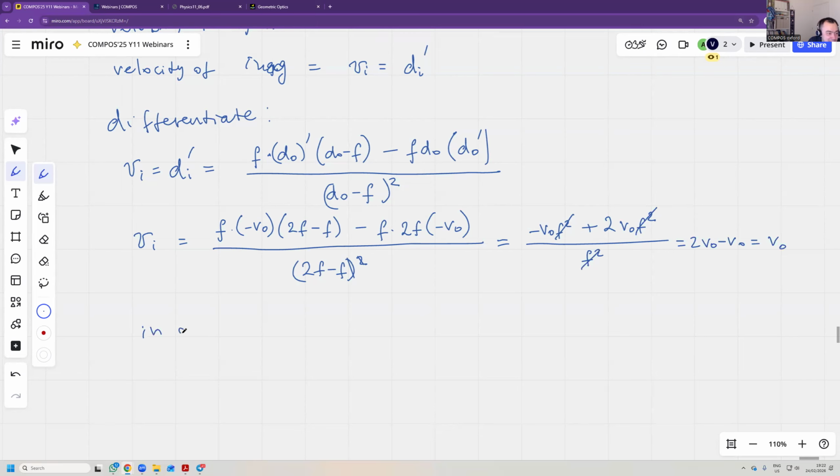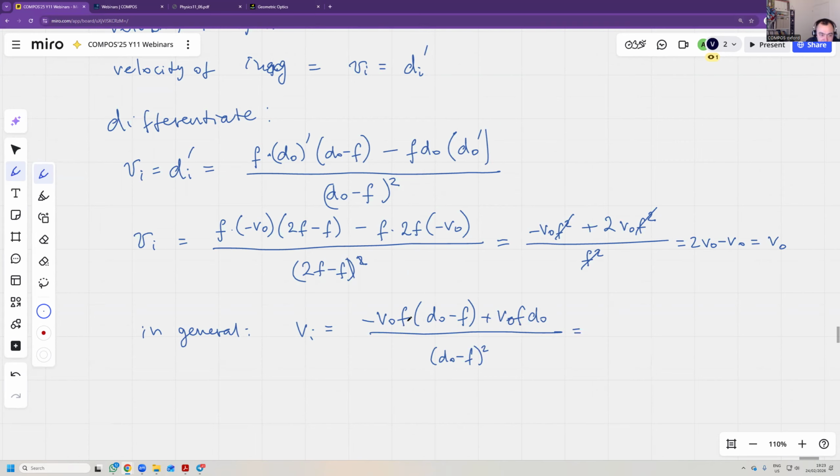But in general, vi is going to be minus v0 f (d0 minus f) plus v0 f d0, divided by (d0 minus f) squared.